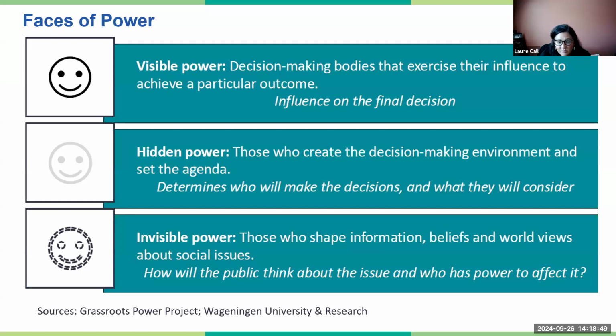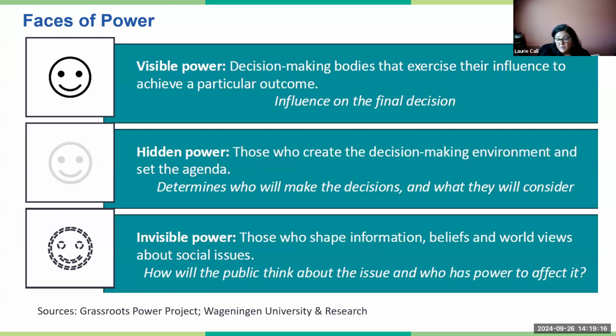And then we have invisible power. Those are those who shape the way we think about things: the information, the beliefs, the worldviews, social views on issues. If you think about an issue like COVID and vaccinations, there were people in visible power who were saying what the mandates and requirements were. There were people in hidden power who were creating that environment, setting the agenda, and informing that decision.